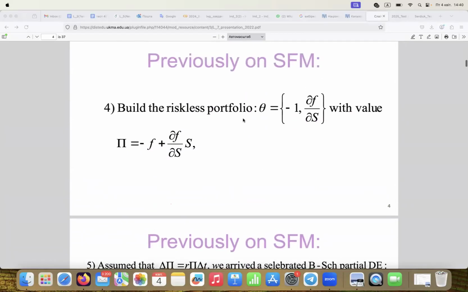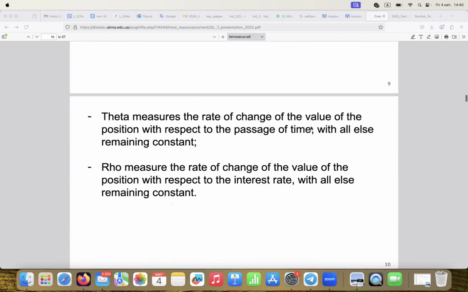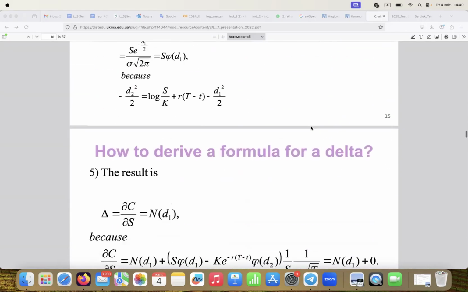So Black and Scholes propose that the riskless portfolio can be in this form. We sell one call option, and we buy the stocks, but in this amount. But how can we compute this dF/dS?